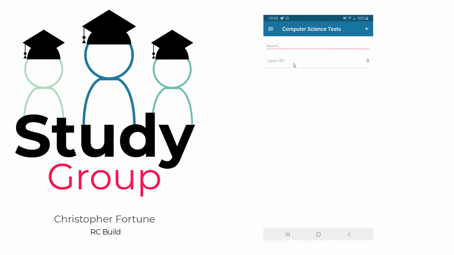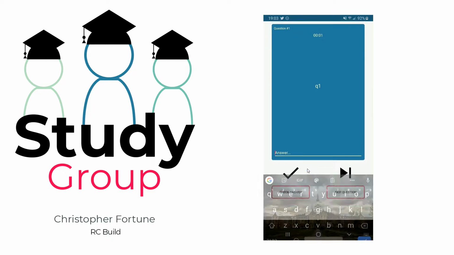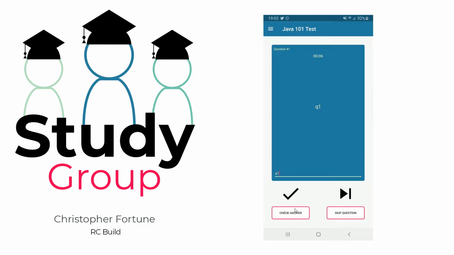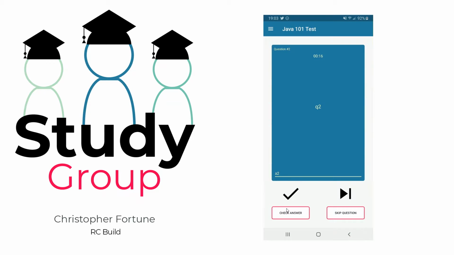So if we were to take this test, you could do so. Really quickly, let me just show you. Because this test is a public flashcard test, even though we're taking it from our flashcard test section, it's still going to display that leaderboard if we answer all these questions correctly.